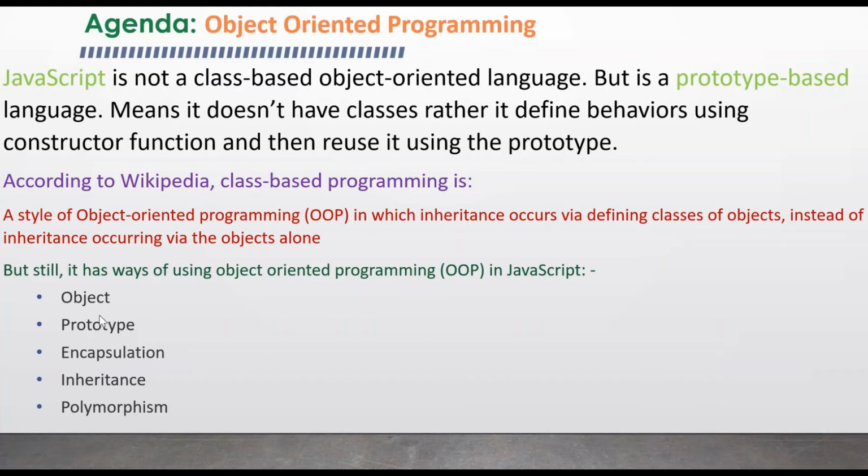Then there's the prototype. As I said, you can say the prototype is the global object. There are a lot of properties on this global prototype object that you can use on your function, on your array, on your string, or any other object you have in JavaScript. We'll have a separate tutorial for this again.